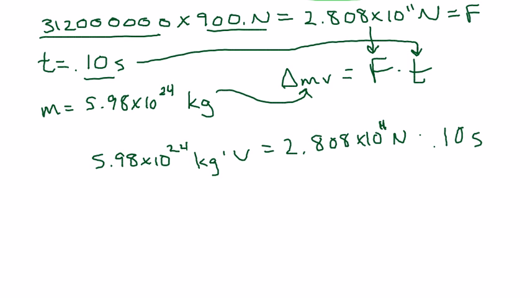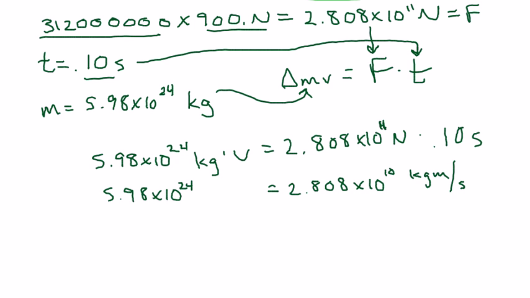As we solve this, 2.808 times 10 to the 11th times 0.10 is going to give us 2.808 times 10 to the 10th kilogram meters per second, equals still 5.98 times 10 to the 24th kilograms times v.